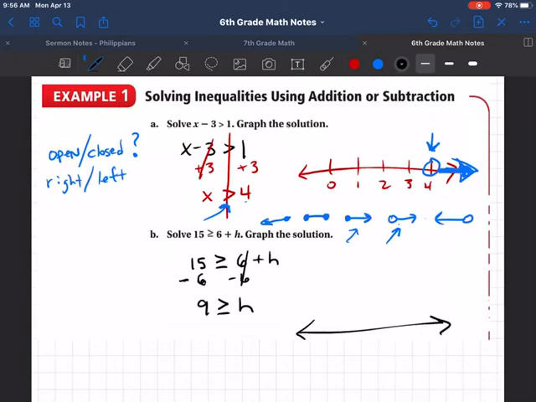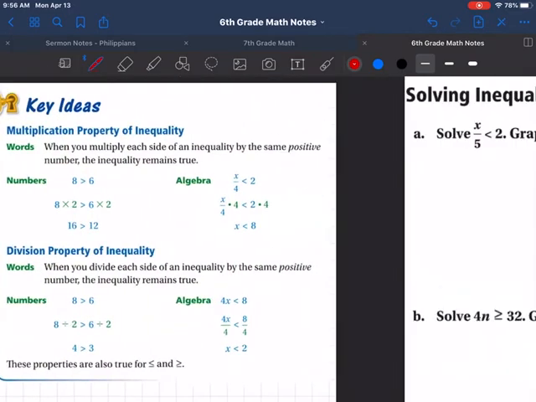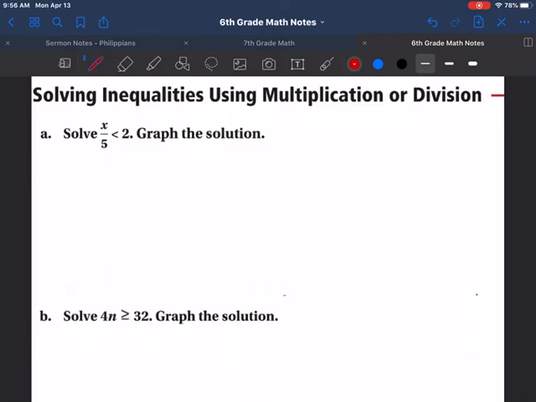So when we graph this one, I like to put our 0 and then our 9. And 9 is filled in because of the equal to, and then this is the small end, so it's less than. Okay, less thans go left. All right. So now we've already looked at that page.